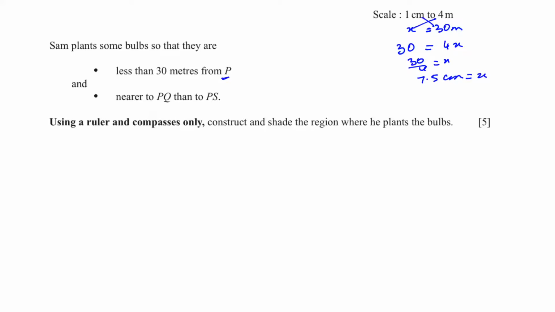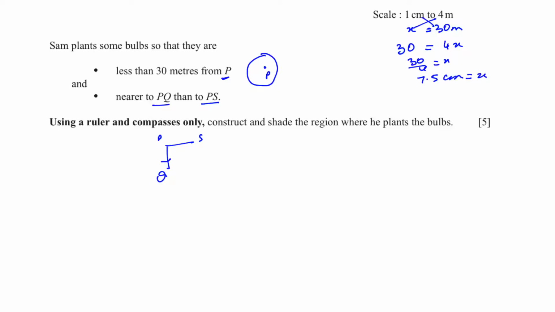When you want to find the locus from a point, so this point is P, and you want to find the locus, we draw a circle. And then to find the locus of two lines, PQ and PS. So this is PQ and this is PS. We have to find the perpendicular bisector of the angle. How do we do that?